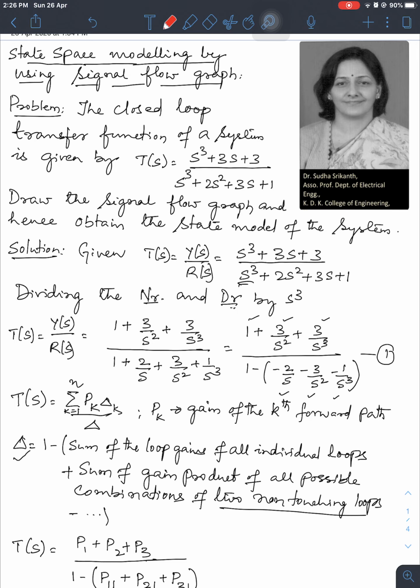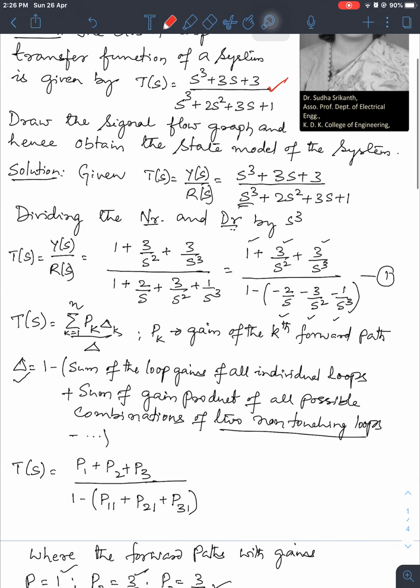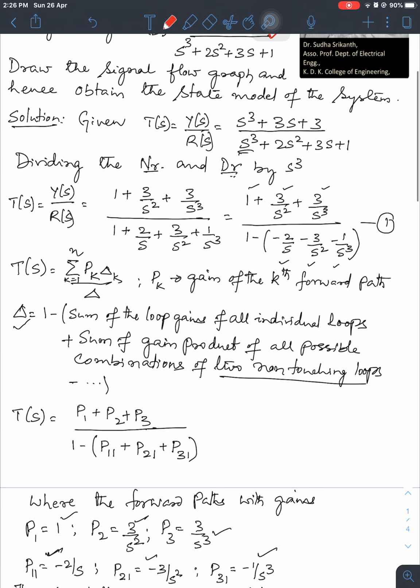Alright, the closed loop transfer function of a given system is s cube plus 3s plus 3 divided by this. This is the transfer function, right? We have a numerator polynomial and a denominator polynomial. So what do we do? We try to manipulate the given transfer function such that it resembles Mason's gain formula, which is given by sigma delta k pk, k equal to 1 to n, upon delta.